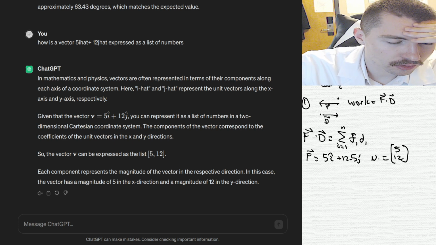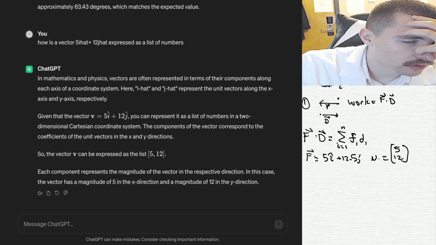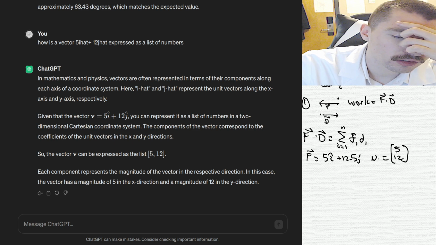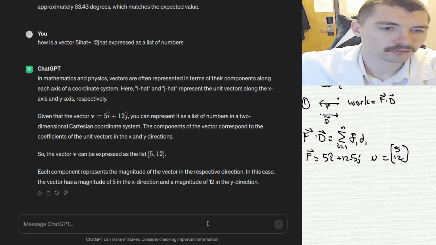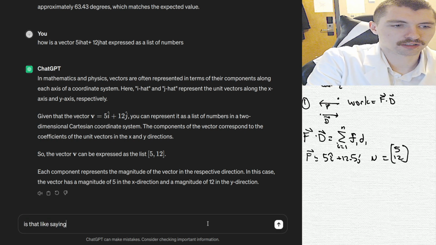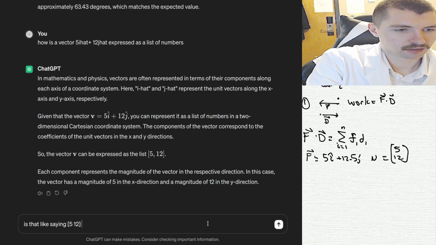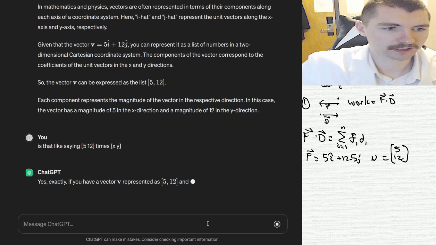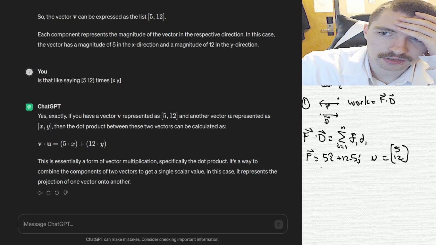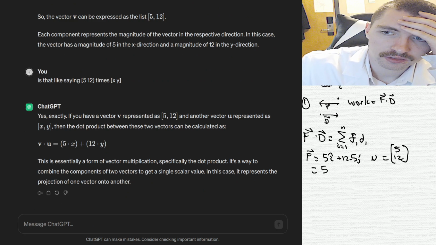Each component represents the magnitude of the vector in the x direction. Okay. Is that like saying 5, 12 times y? Okay, so it's saying this is equal to 5x plus 12.5y.